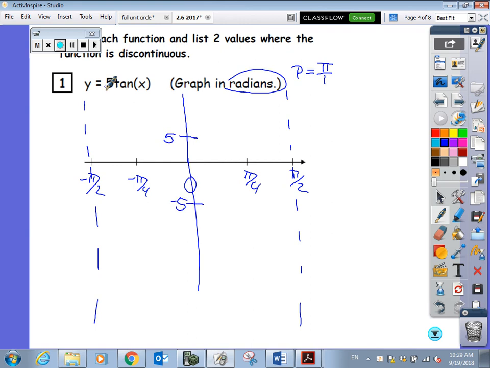It's not considered an amplitude. Only sine and cosine have amplitude. So I plot my middle point, and then I just remembered tangent goes right and up, left and down, and there's your graph. Oops. Again, be sure to approach those asymptotes.